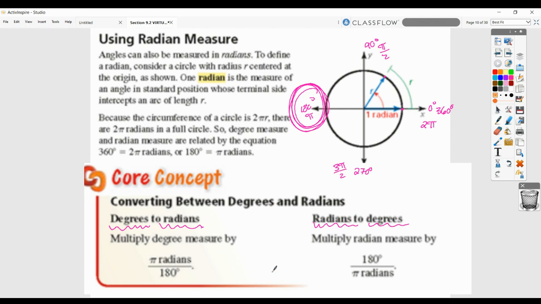We don't really do much with it. In order to go from degrees to radians, you multiply your degree by pi over 180, and that will put it in radian mode. If you're going from radians to degrees, you multiply it by 180 over pi. So that is kind of your key there.